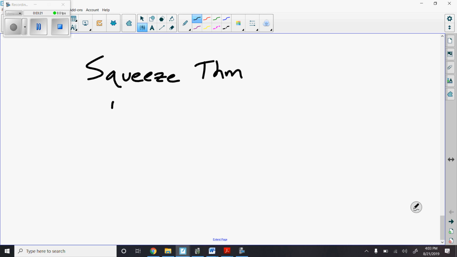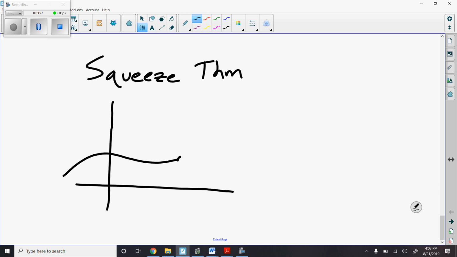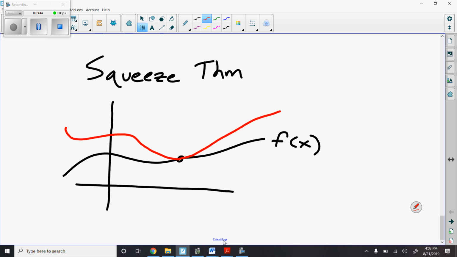Okay, so here's how the squeeze theorem works. If I have a function, f of x, and black is going to be f of x. Red is going to be g of x.